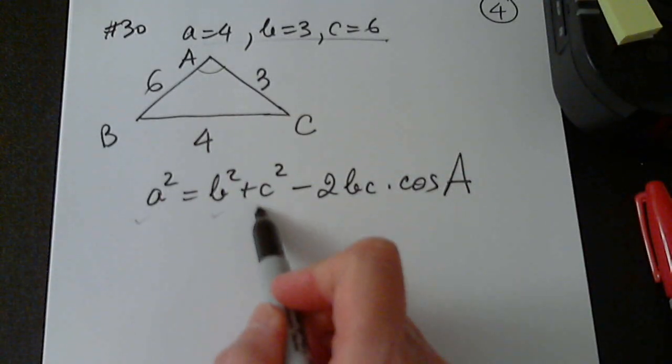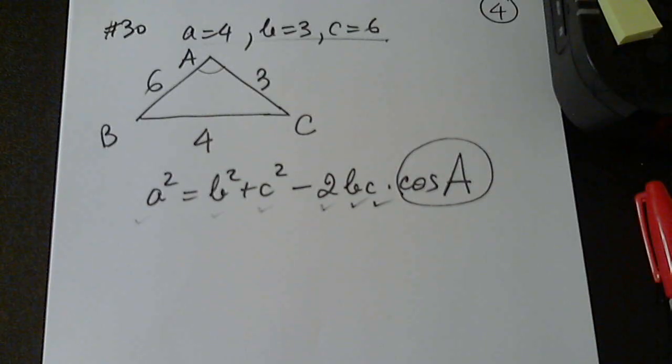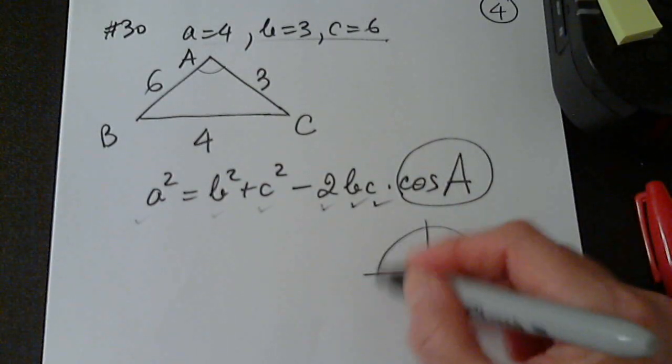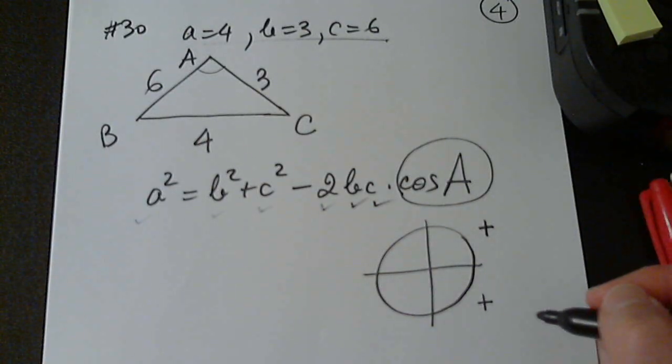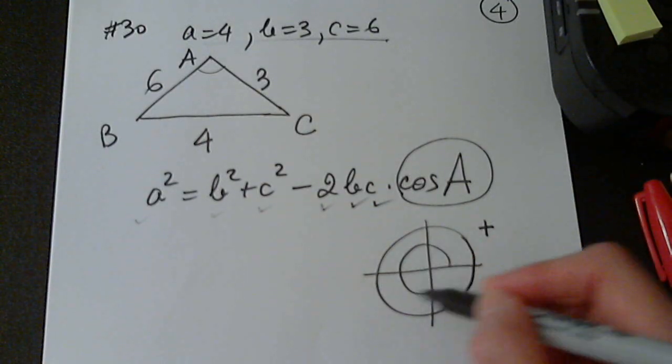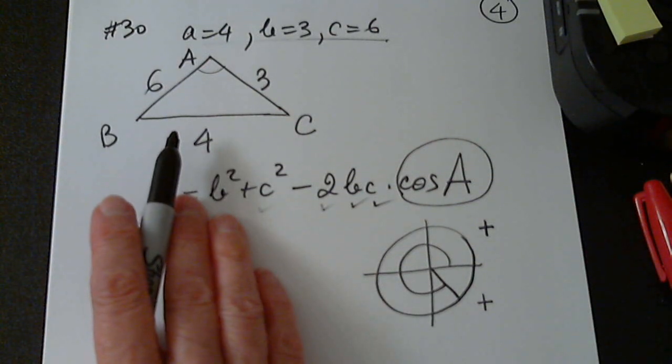All these are given. This is the variable now. And this will only have one option. Always. How come? Here's why. Because cosine is positive here and here. And there is no angle that is in the fourth quadrant that will fit in any triangle.